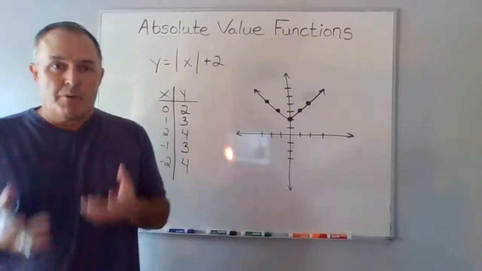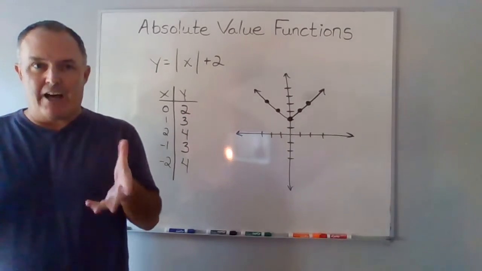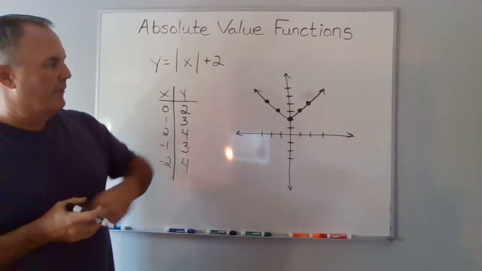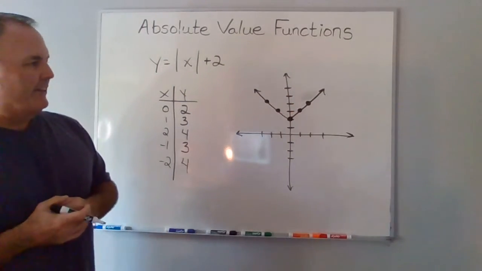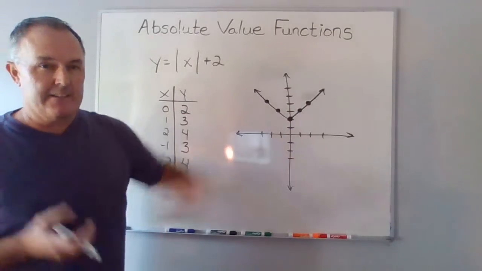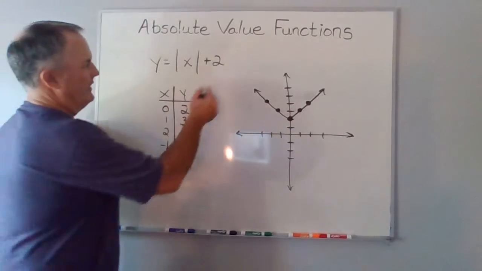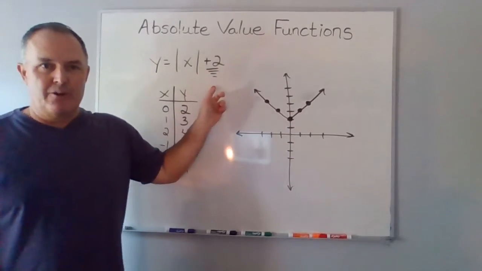if you notice, we still have a distinct V shape because it's an absolute value function. We would still have a very similar domain. The only difference here is now that our lowest number is actually at a 2. It's not at a 0. So really, what did that 2 actually do?